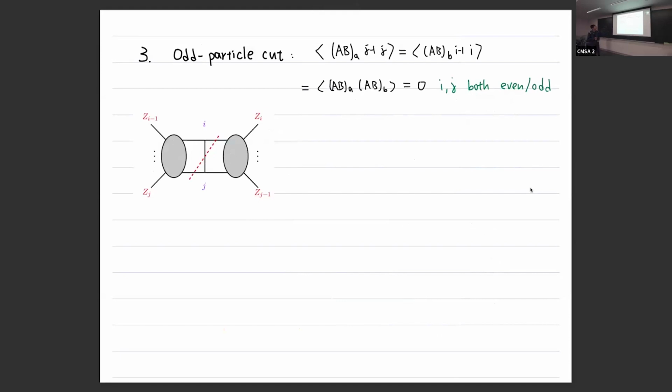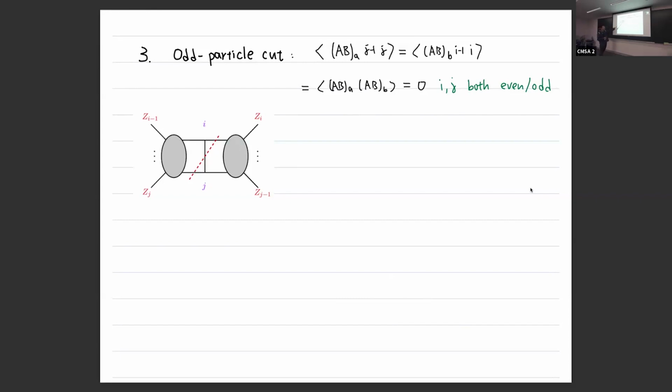Okay, and the third cut condition or boundary we consider is the R-particle cut. This is related to the fact that ABJM theory only has even point amplitudes. So if we impose a cut to isolate an R point amplitude, this cut should be 0.